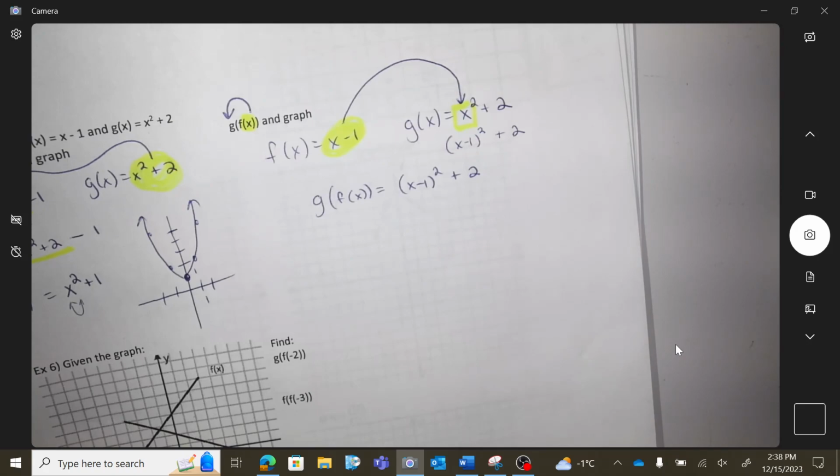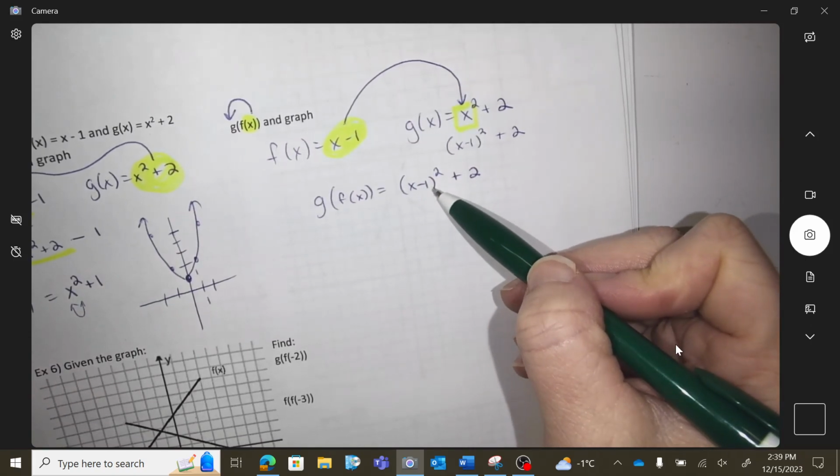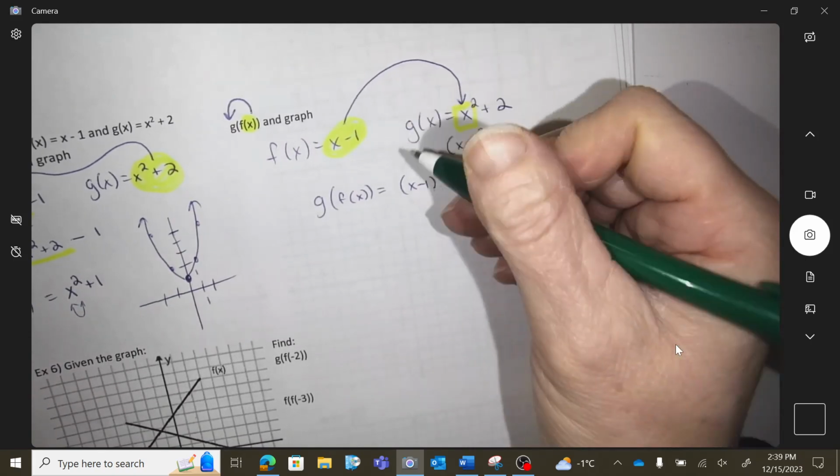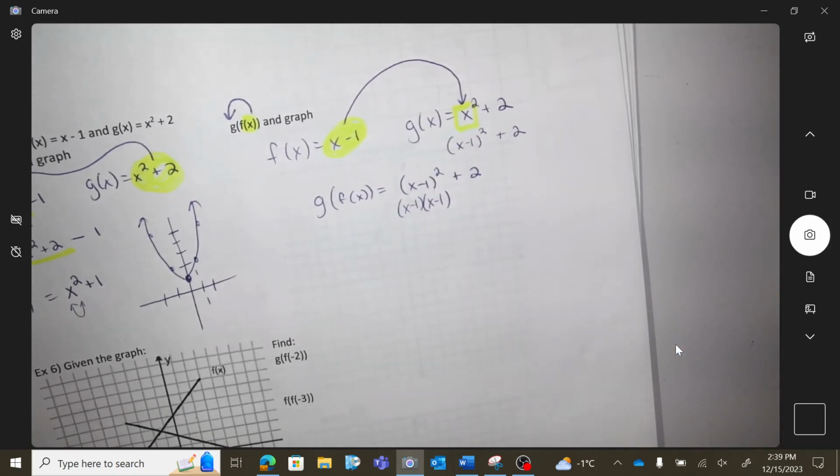Okay, if I haven't said anything, I guess you can just leave that. If I said simplified, what would you do? How would you simplify it? Multiply this out. How do you multiply this? You would complete FOIL.